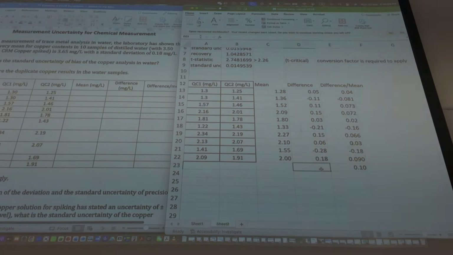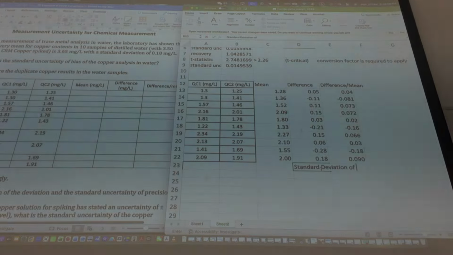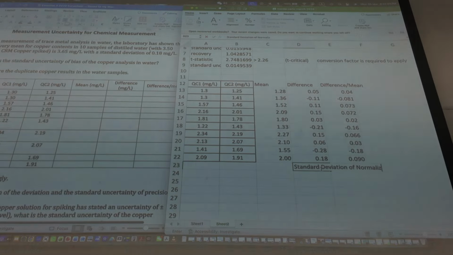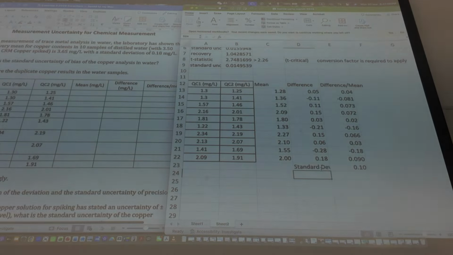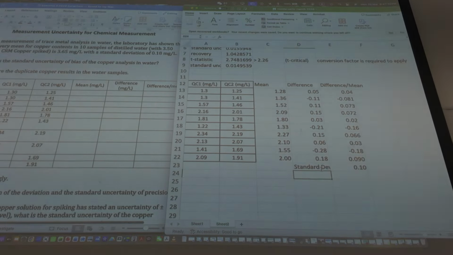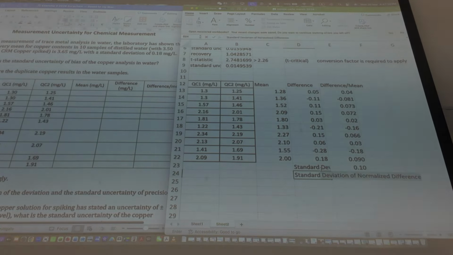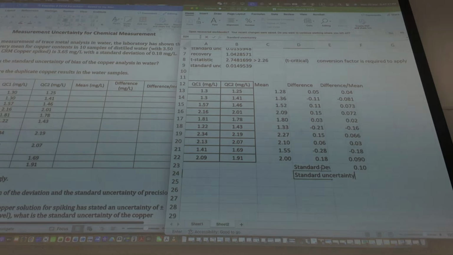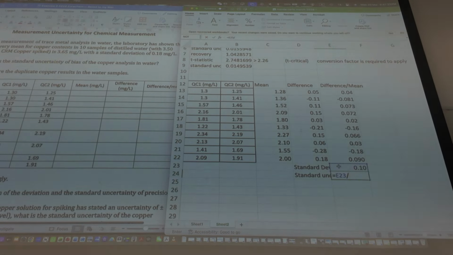Okay, you have the standard deviation of the normalized difference, and you will have the standard uncertainty, divided by what?